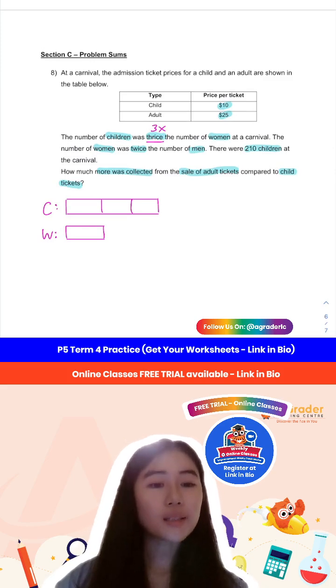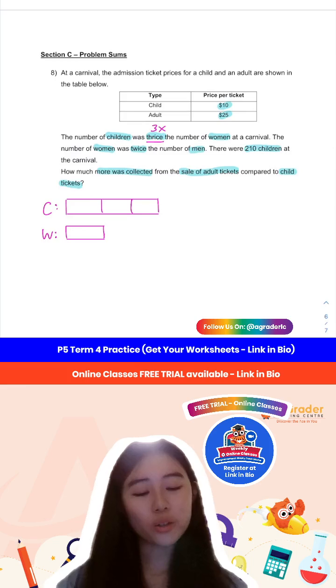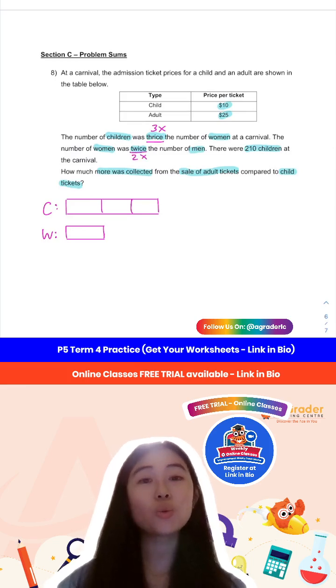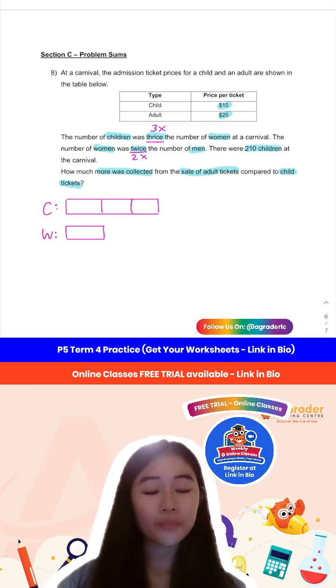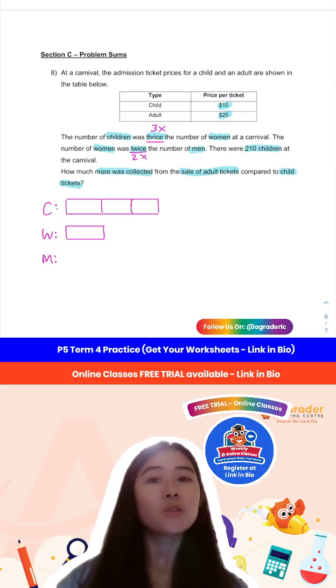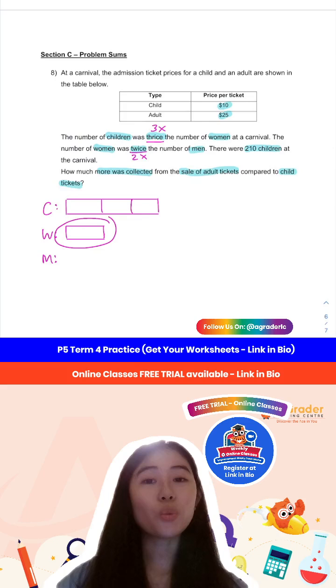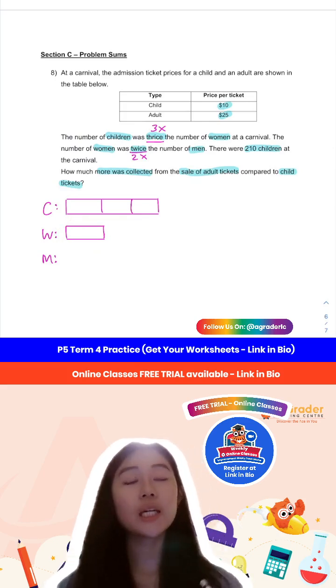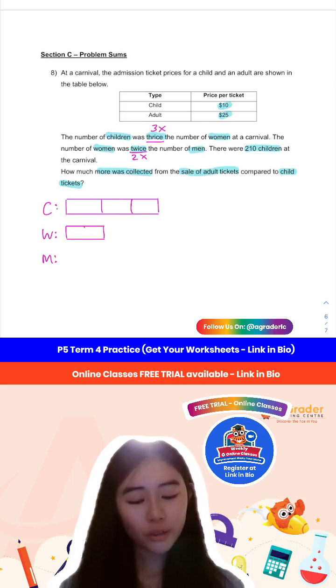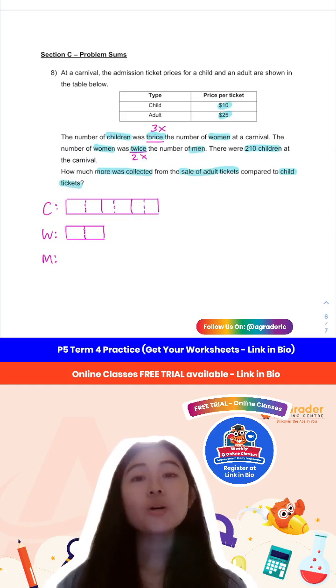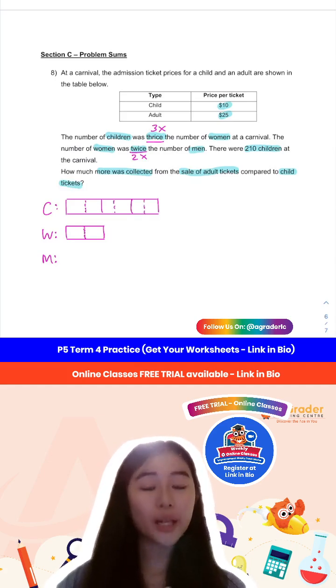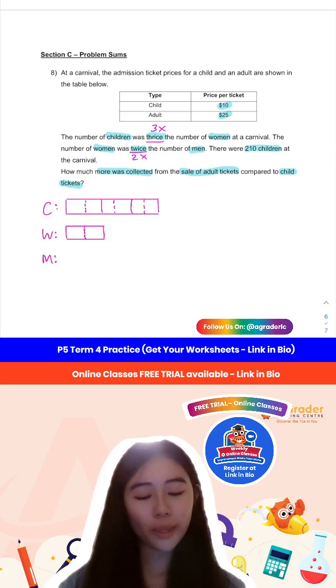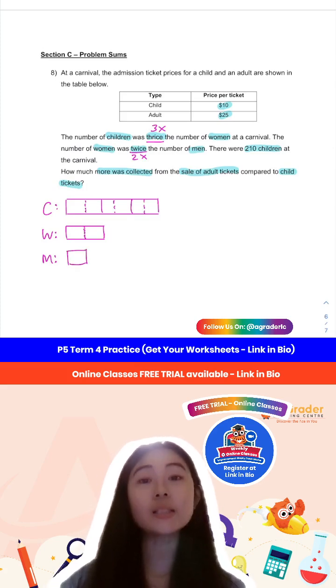Now the next sentence says that women was twice, which means 2 times of the men. But you look at the model, for women is not 2 times, right? So this means that you should actually cut your model. I'm going to use dotted line like that, cut. So after you cut, then women become 2 units. For men, you just need to draw 1 unit like this.